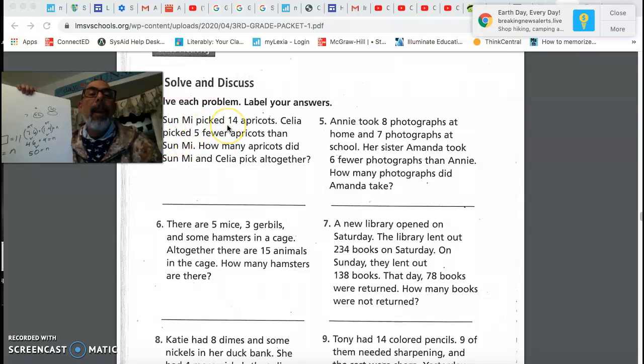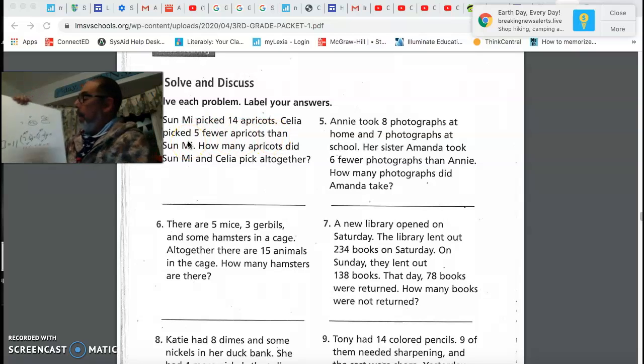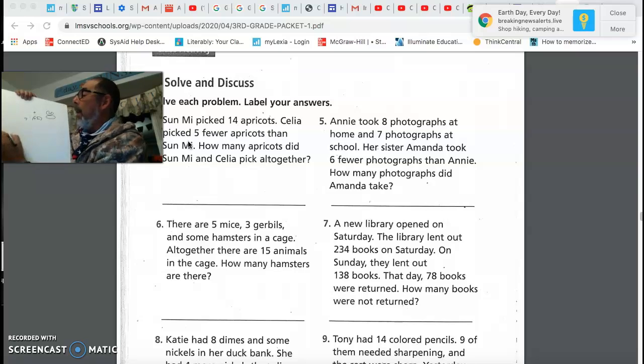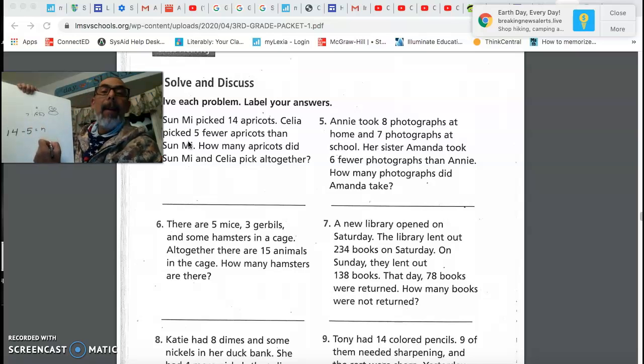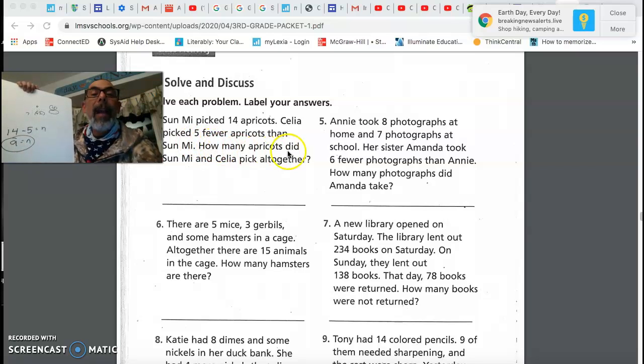This one talks about a person having 14 apricots and Celia picks 5 fewer. Well, that's going to be 14 take away 5. That would be that she picked 9. But here's where it says how many apricots did Sunmi and Celia pick all together?